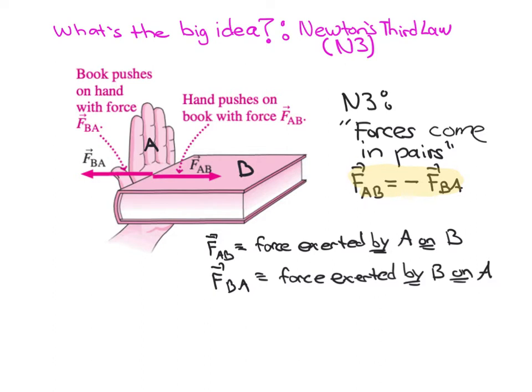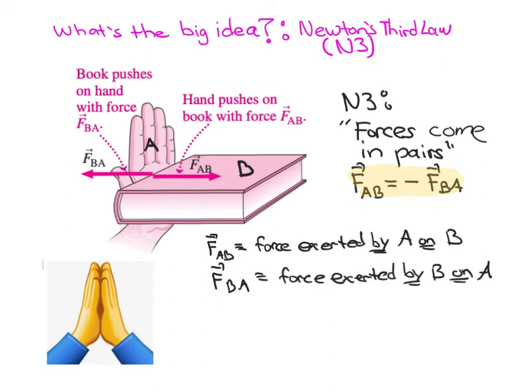If A is exerting a force on B, then B must be exerting a force of equal magnitude but opposite direction on A. And if you really want to understand the third law, I suggest you take up prayer. I mean that in the following sense: take your two hands and hold them together in a prayerful pose and have your hands push on each other.